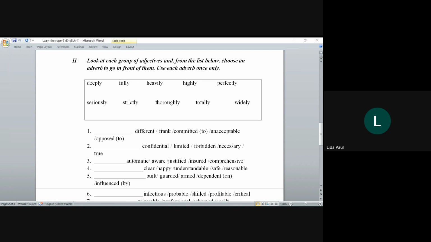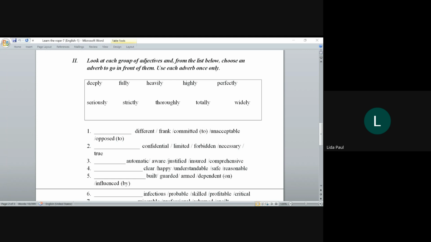Which are the two words you think are very commonly used with strictly? Strictly forbidden is one. You're strictly forbidden from doing something. Strictly confidential also? Yes, ma'am. So if it fits for those two, then probably that's the case for the others too, which means maybe those combinations are not as frequent and common as strictly confidential and strictly forbidden. Maybe you don't see them as often, but it's still a possible combination.